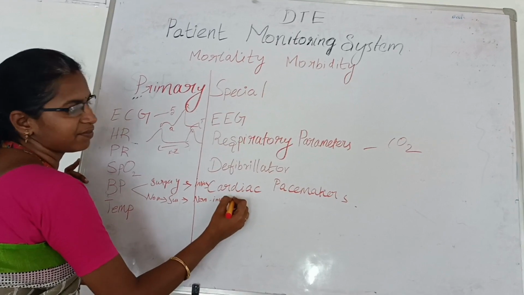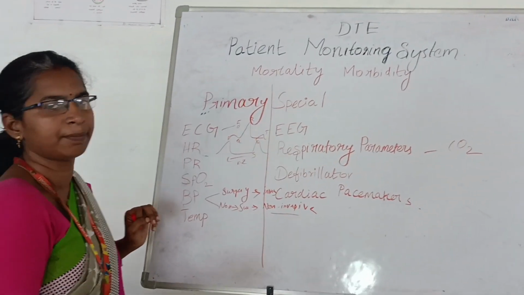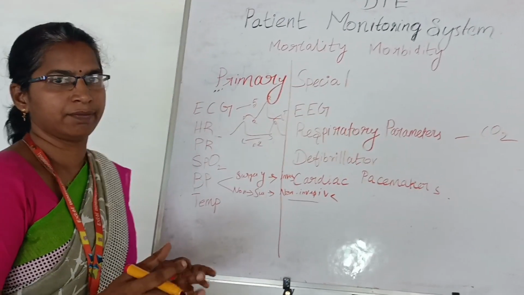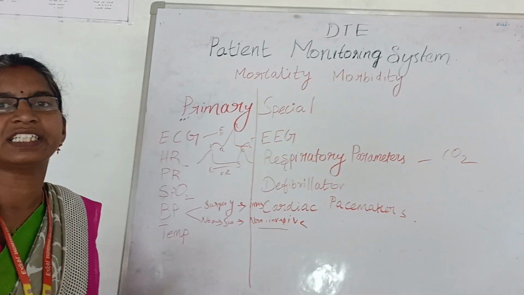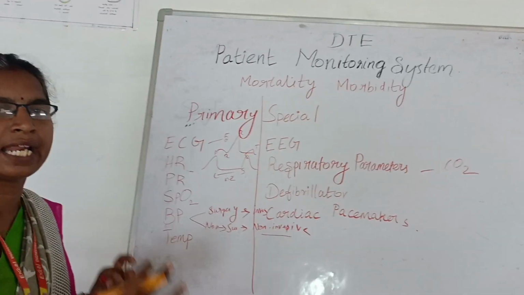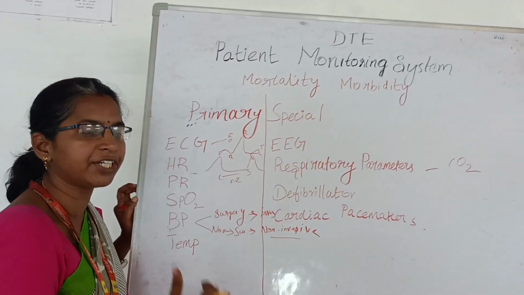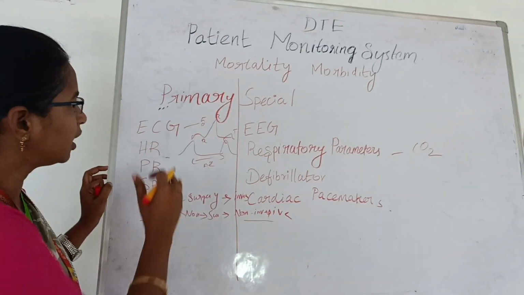Generally when we visit a hospital, they use non-invasive blood pressure measurement. Nowadays it has come out as an automatic system, so we need not inflate or deflate manually. They will fix that along with the patient monitoring system and include the non-invasive blood pressure monitoring system. It will continuously monitor and that value is also displayed in the monitoring system.